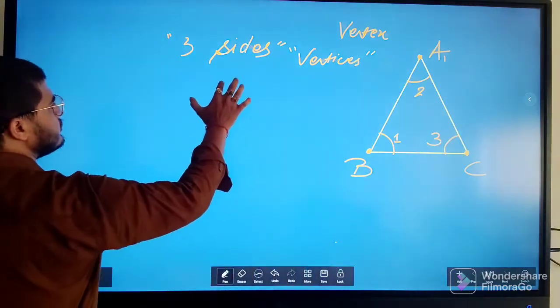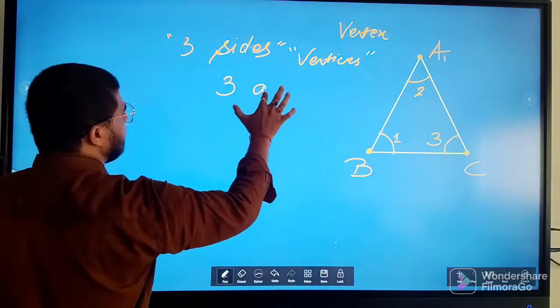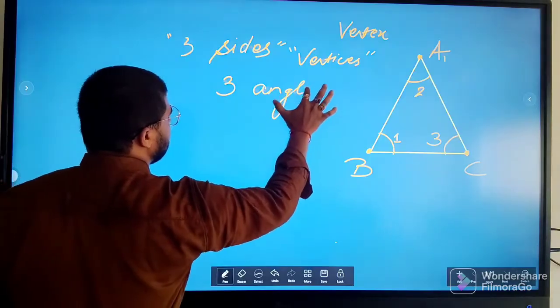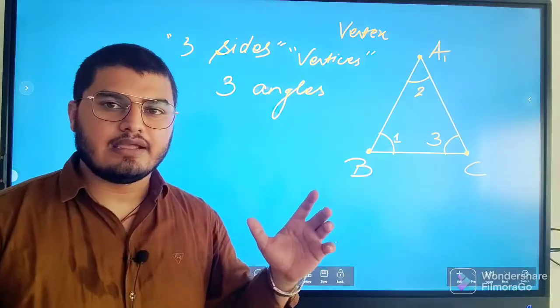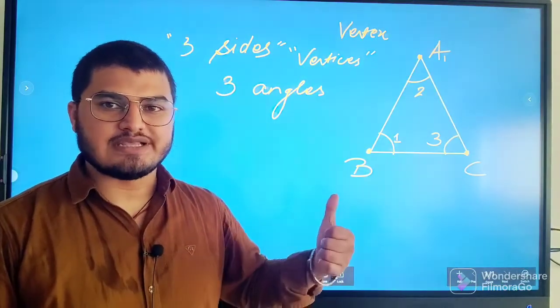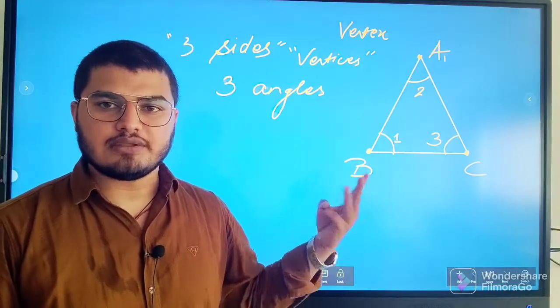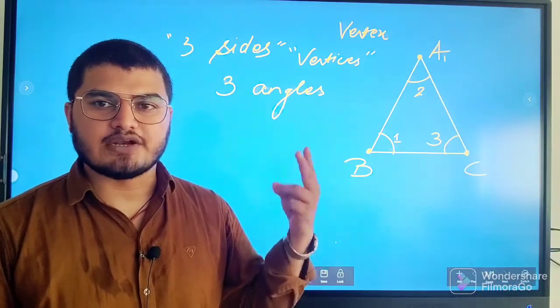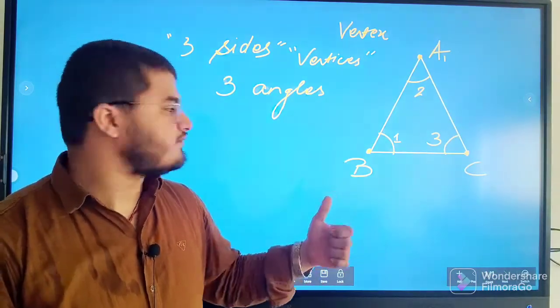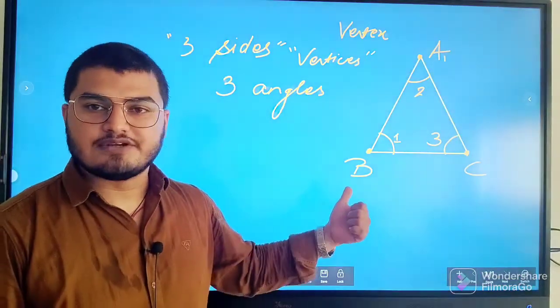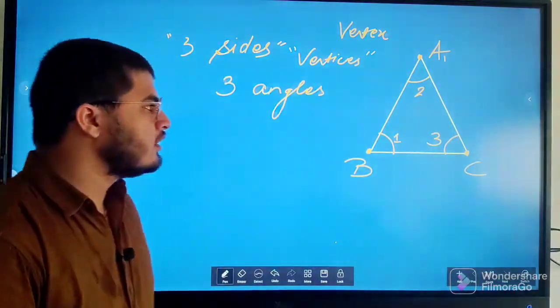So overall it also has three angles. From that you can get to know why the word triangle has been used, because it has three angles. 3 stands for tri, 2 stands for bi. So triangle, that's how it got its name, right?